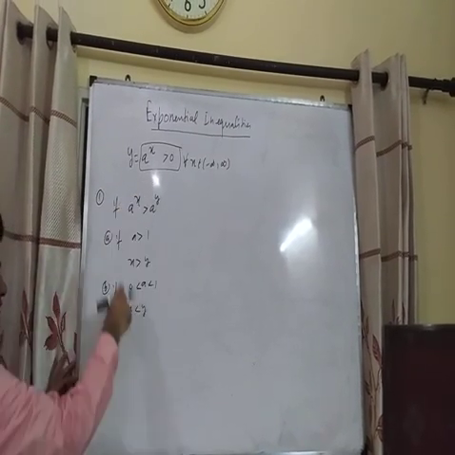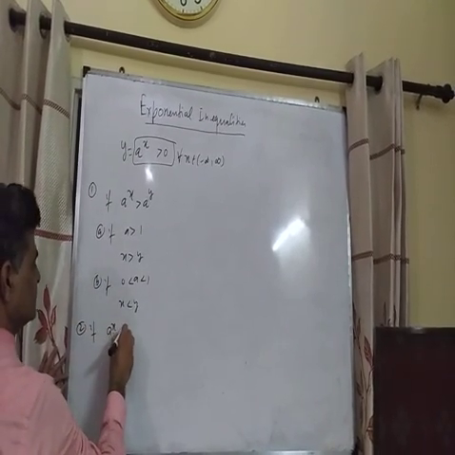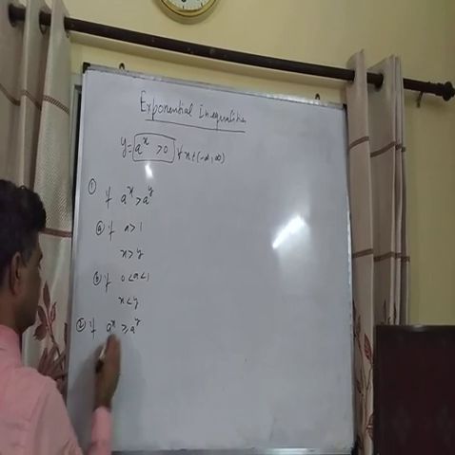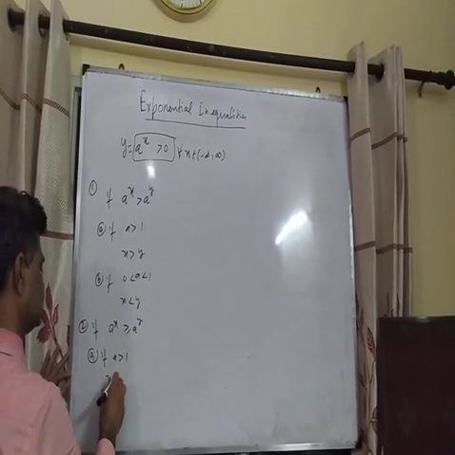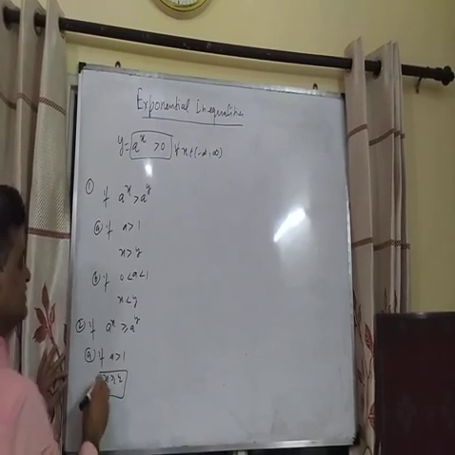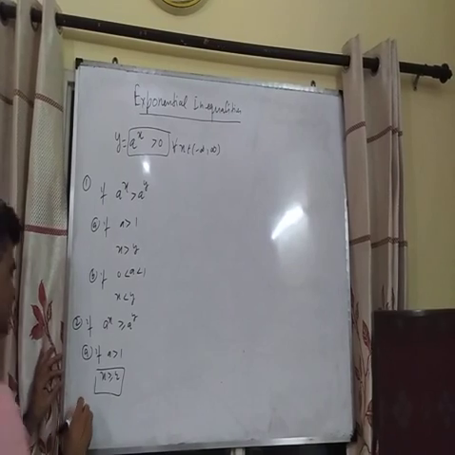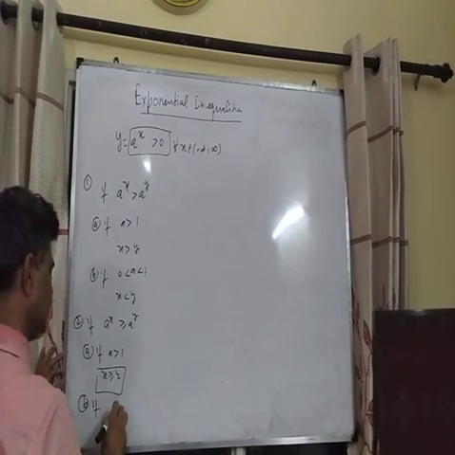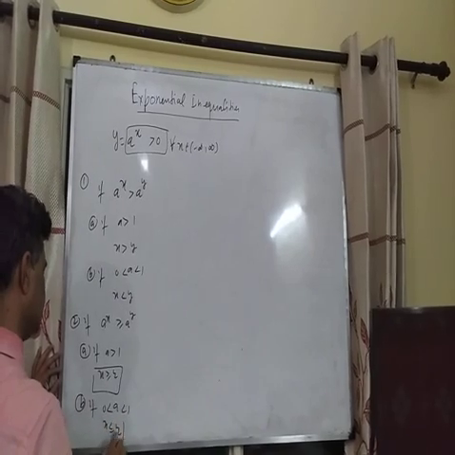The inequality sign on the power will reverse. If a to the power x is greater than or equal to a to the power y, first case, if a is greater than 1, then x is also greater than or equal to y. There is no change in the inequality sign on the power. Similarly, if a is in between 0 and 1, then x will be less than or equal to y.